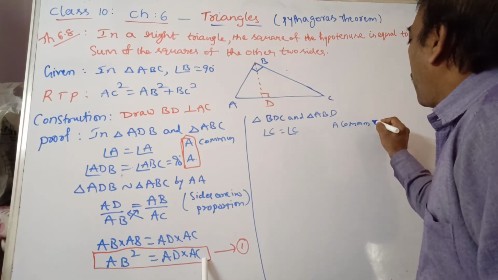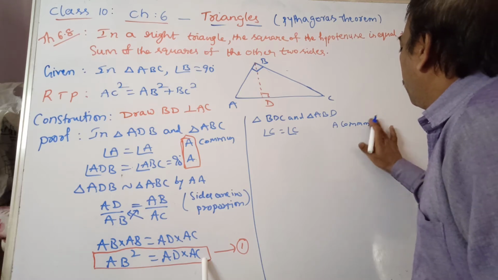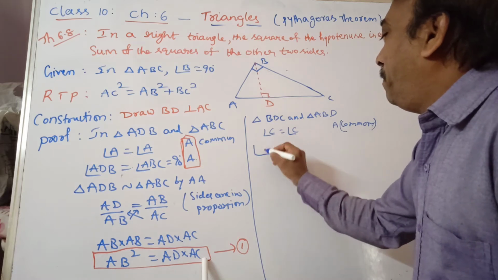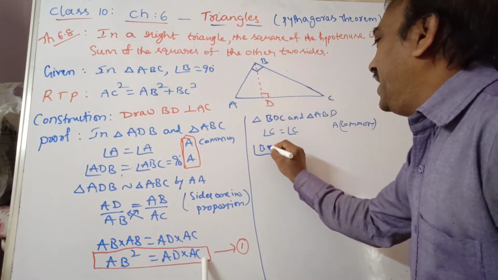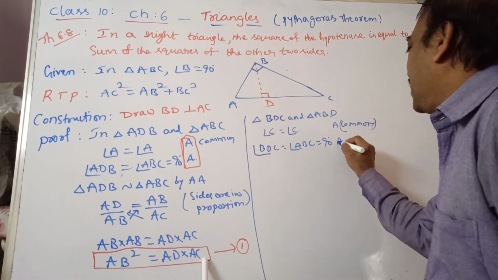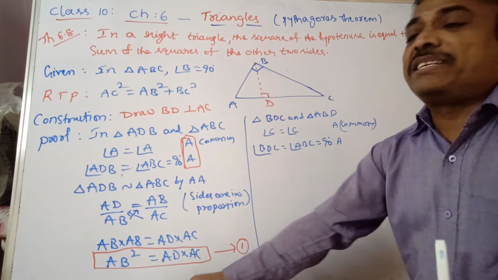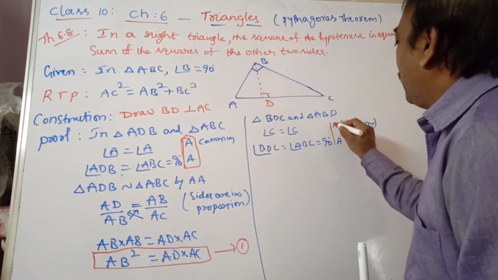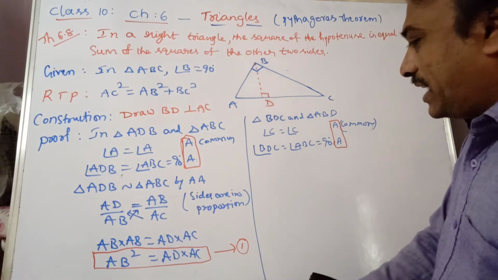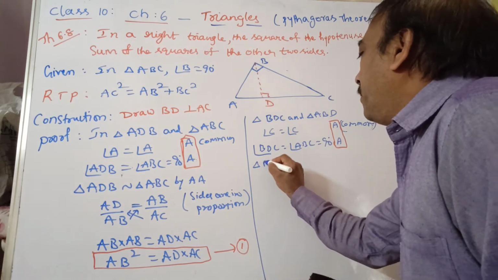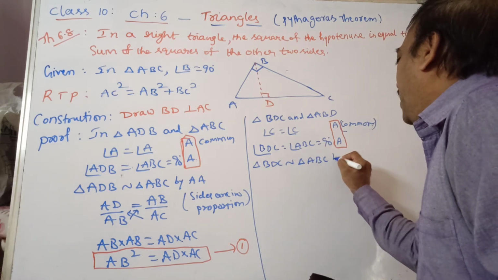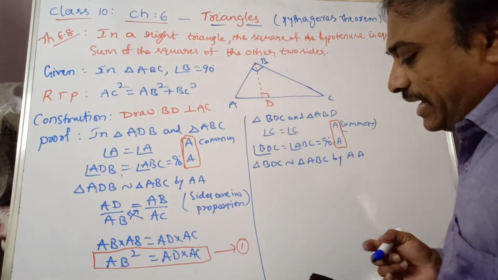Next, angle BDC is equal to angle ABC, which is equal to 90 degrees. So by AA similarity, triangle BDC is similar to triangle ABC.